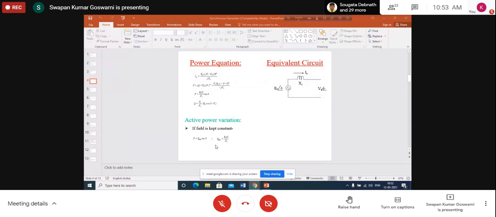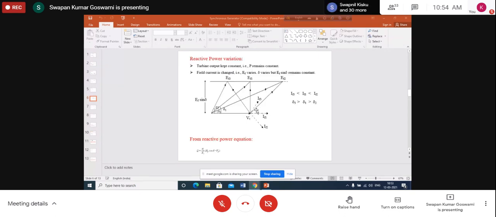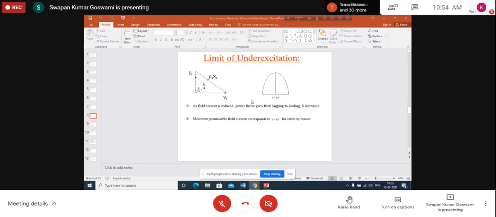Why was it necessary? Because for control of frequency, it is necessary to control the active power generation, and for control of voltage, reactive power generation has to be controlled. What we have seen is that active power control is possible by changing the turbine input, that is, by varying the opening of the steam valve, and reactive power variation is possible by changing the DC field current of the generator.